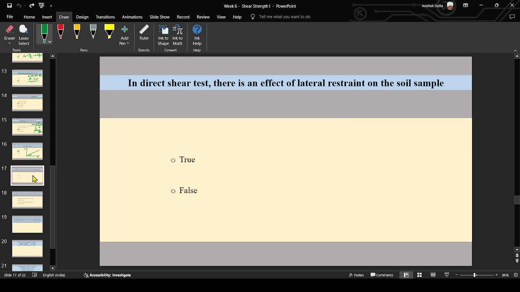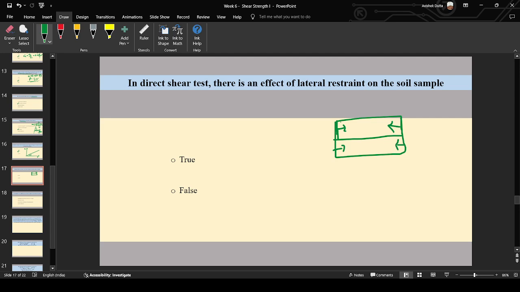Next question. In direct shear test, there is an effect of lateral restraint of the soil sample. This is true because of the side walls. In this case, if it is a shear box, the soil is failing like this. Because of the side wall, there is a lateral restraint, and this is another limitation of the direct shear test.